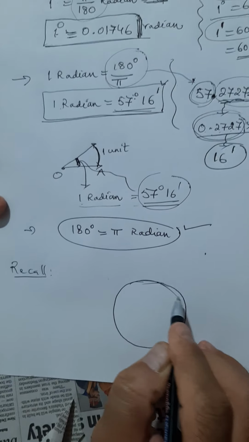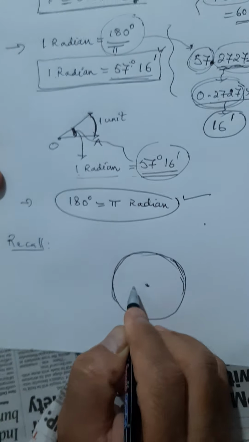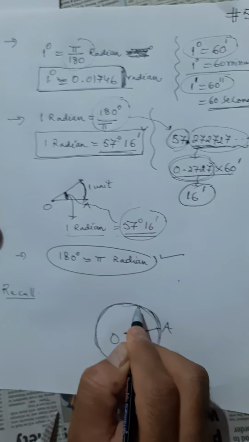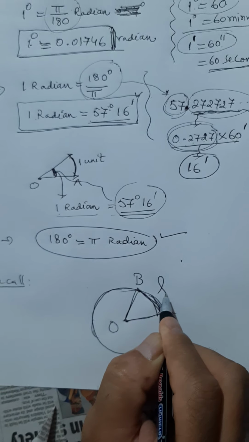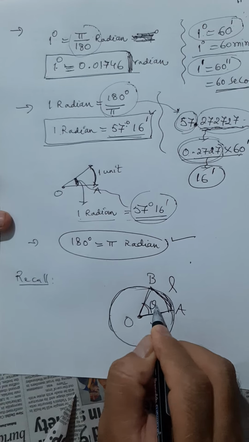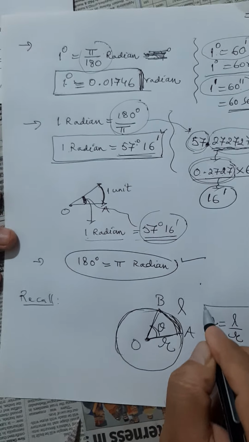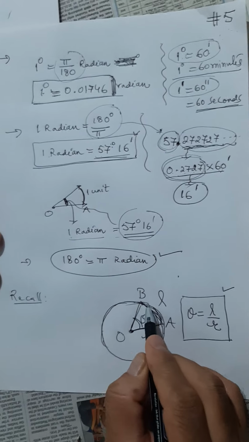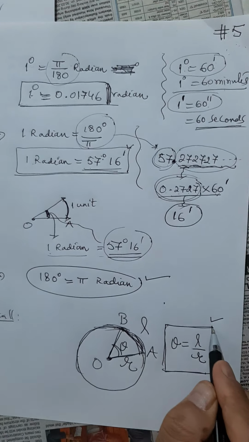If this is a circle with center O, with points A and B, so here the arc length, let me take L. The radius, let me take R. And if this is theta, then theta equals L by R is the standard relation. So we use this also. This is from geometry, remember. It has nothing to do with trigonometry, it is a very basic relation.